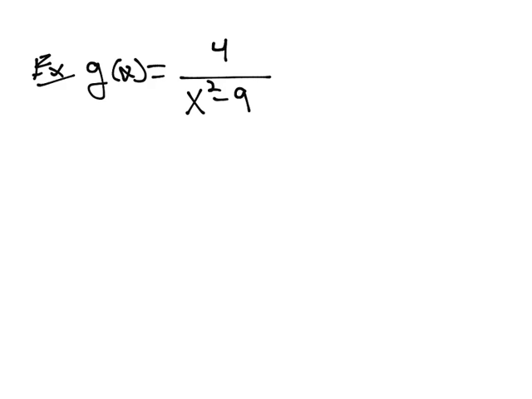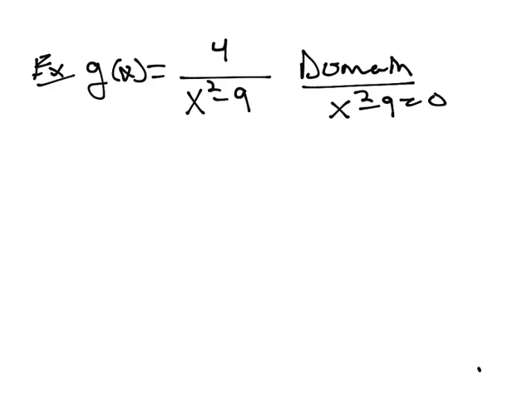If we had g of x equals 4 divided by x squared minus 9, and I wanted to calculate the domain of this function, then I want to see what makes that denominator, the bottom of that fraction, equal to 0.